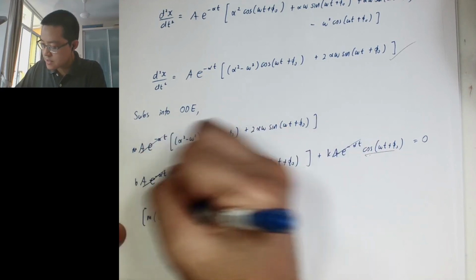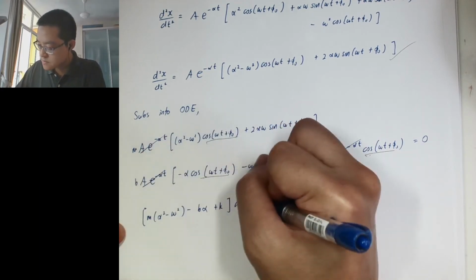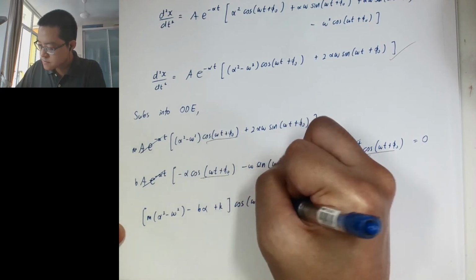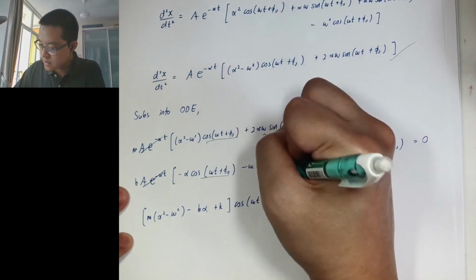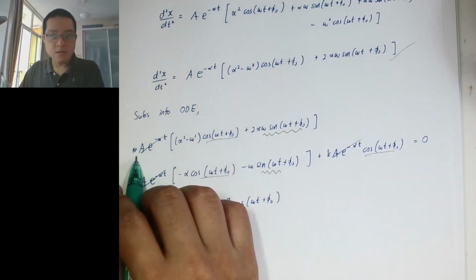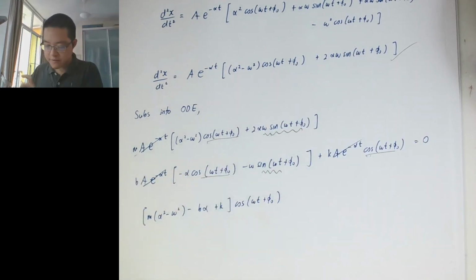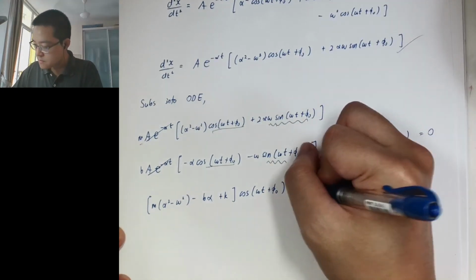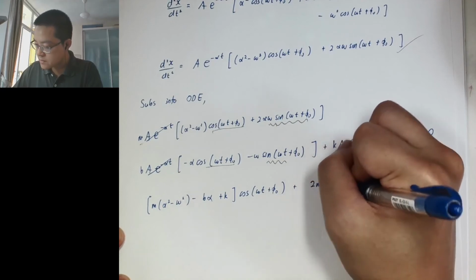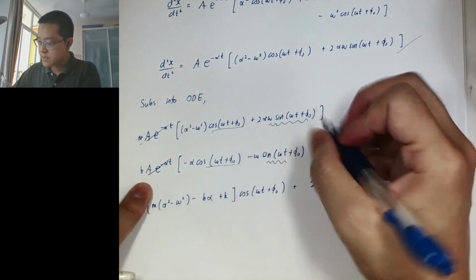So all these are cosine terms. And then my sine terms are here. Don't forget the m. So m times this, I get 2m alpha omega, and then minus b omega.